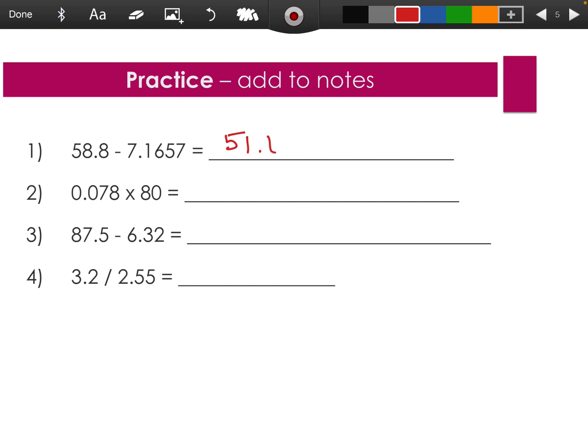I am just going to write the full answer that I get in my calculator when I do these calculations, and then I will round. These are just the regular answers from the calculator. These are not the correct decimal places or sig figs quite yet.